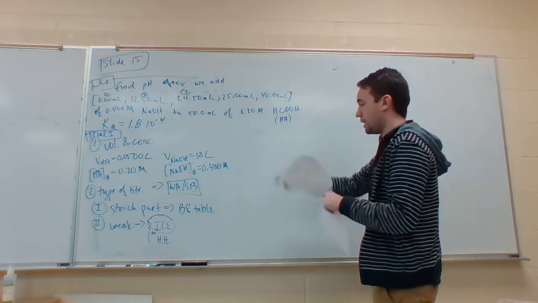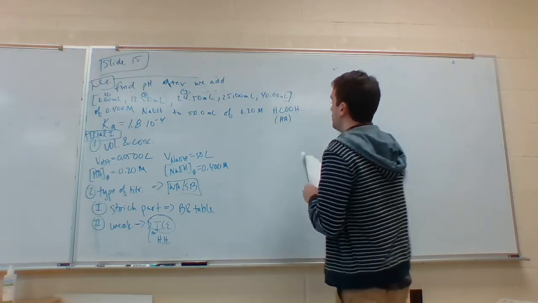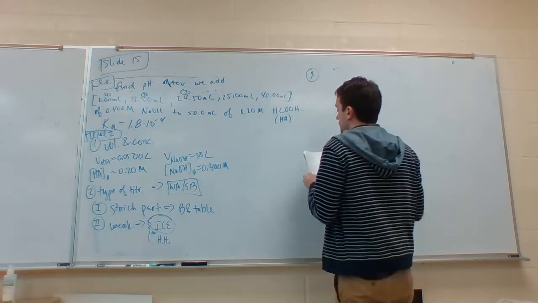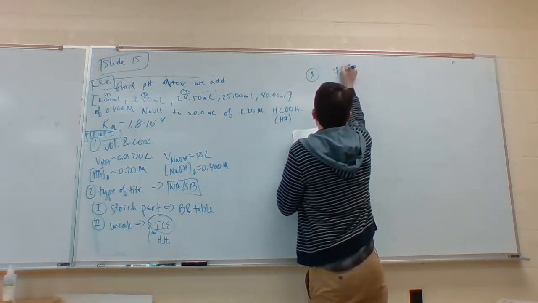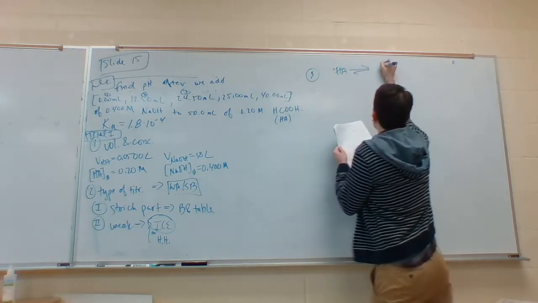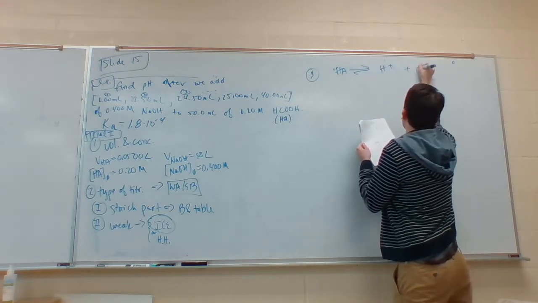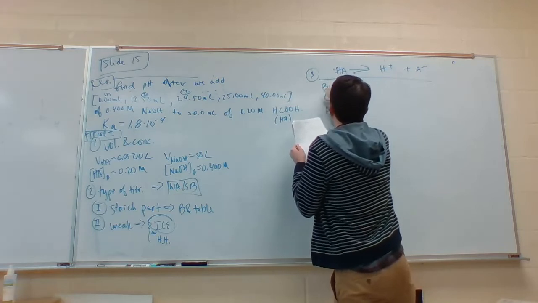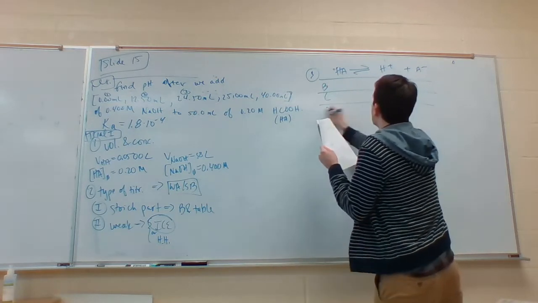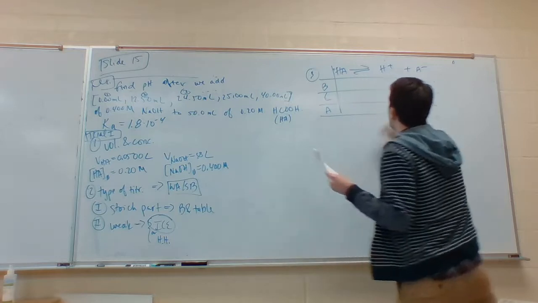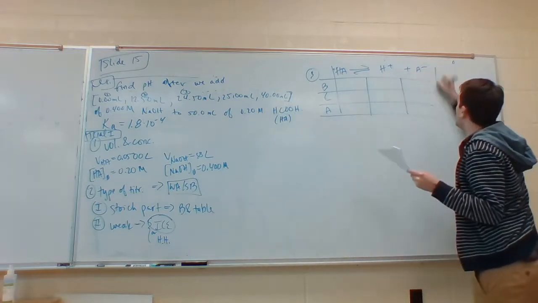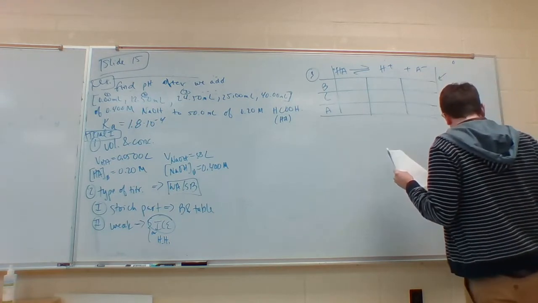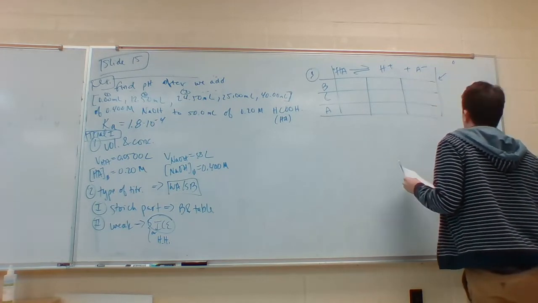Now, let's do our before and after table. So part 3 is setting up our tables. We do our ICE table, then we have HA in equilibrium with H plus and A minus. Now, since we're dealing with a before and after table, are these going to be concentrations or numbers of moles?